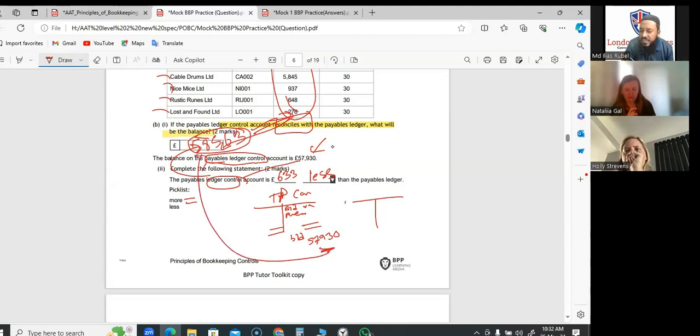Maybe you have written less purchases here. If you write more purchases, 57 will be more. It'll be like 58. Think the other way around. Mostly you write bank here, then purchase returns, then discount received. Maybe you have written something extra here.